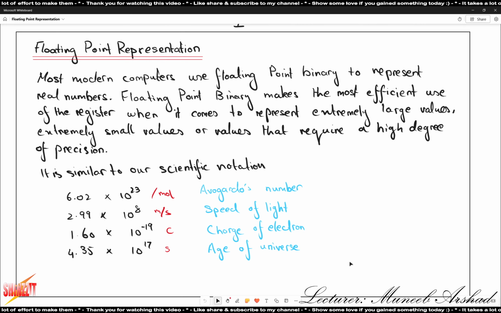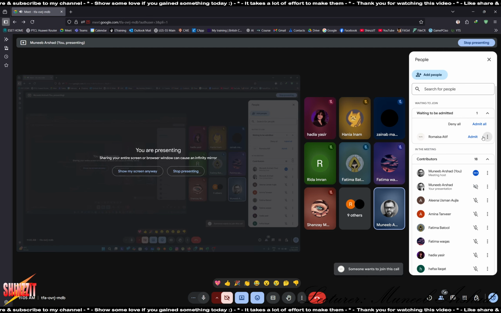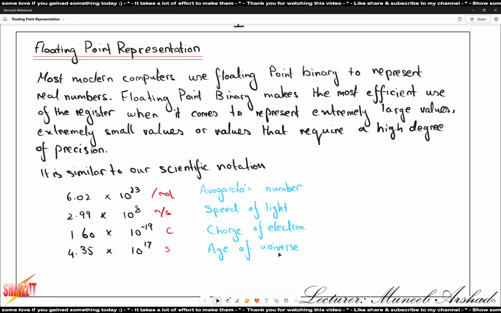And when we talk about registers, you all know that registers are basically present in your processor. So when the register has to deal with extremely large values or extremely small values or the values which require a higher degree of precision.